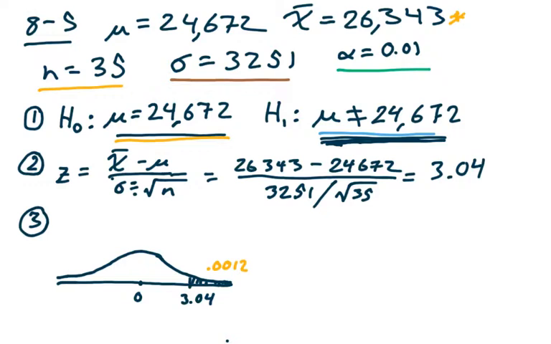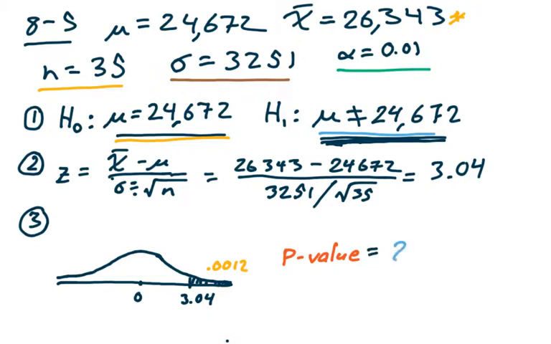Okay, for a single-tailed test, whether it's a right-tailed test or a left-tailed test, that would be the p-value itself. Since this is a two-tailed test, we're going to take this value, this area, and multiply it by 2. That's the only extra little thing we have to do for the p-value. We have that it is a two-tailed test.